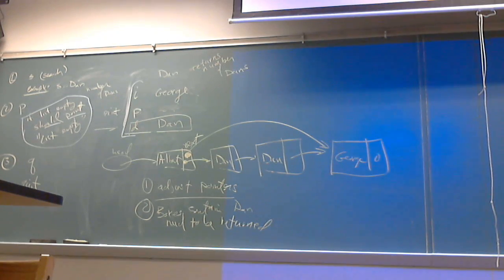What would be a strategy for doing the search? Say you're searching for Dan or you're searching for George. So it's S Dan or S George. I feel like you use the same while condition as the delete. Yeah, you're going to go through looking for something that's going to match.